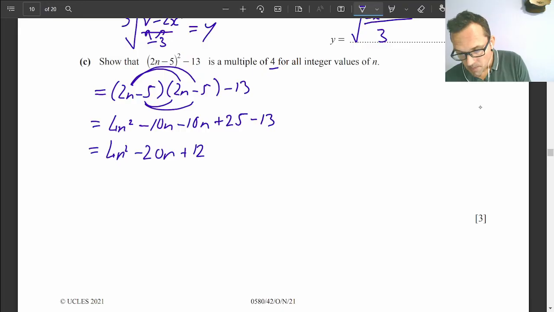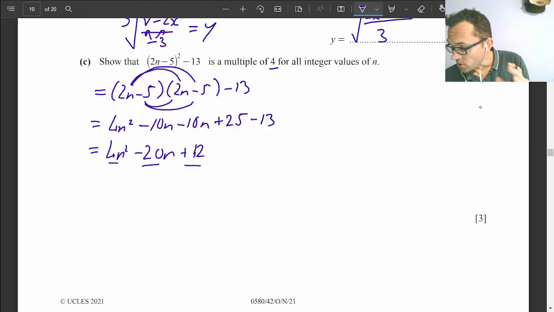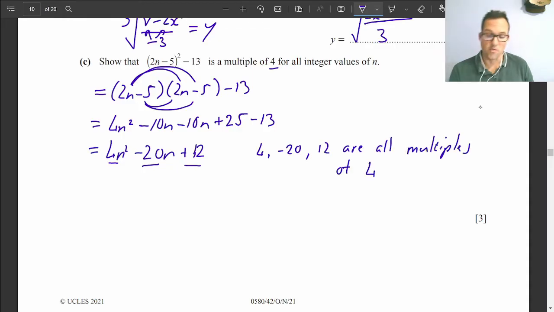Now can you see that each one of my terms is a multiple of 4? So you can write that down, for example. You can write each term is a multiple of 4, or you can write 4, negative 20, and 12 are all multiples of 4.